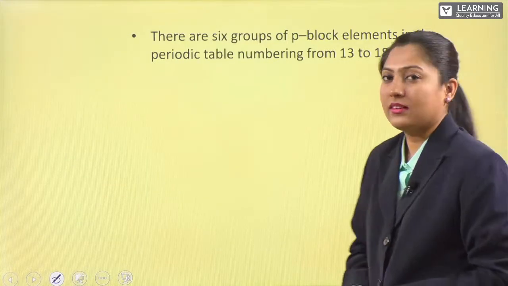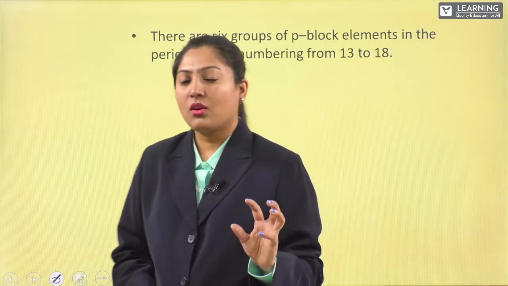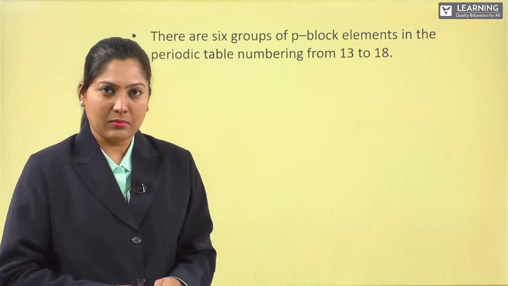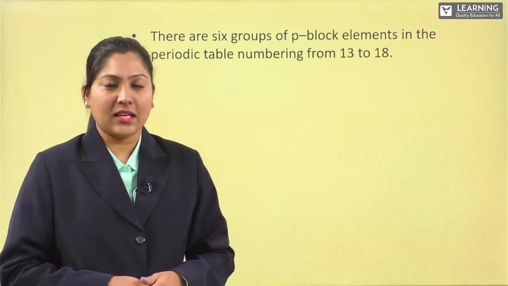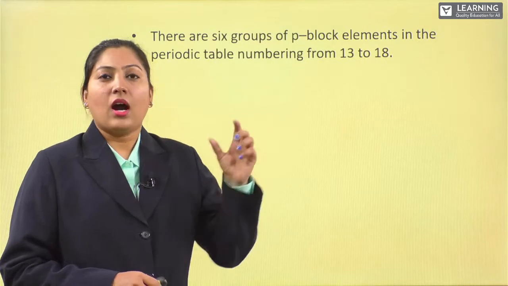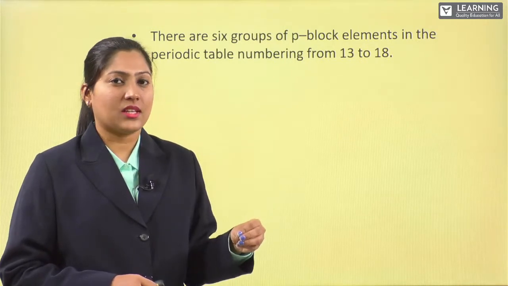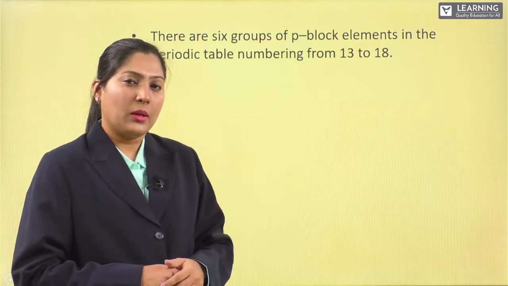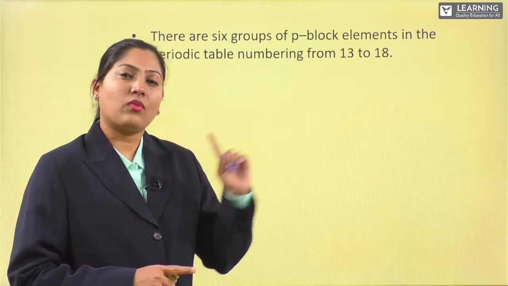Now we have the basic points which we need to know about these P block elements. How many groups are there in P block elements? According to the p orbital, how many electrons are entering the outermost orbital, that is valence electrons entering into the p orbital? It will be from 1 to 6.